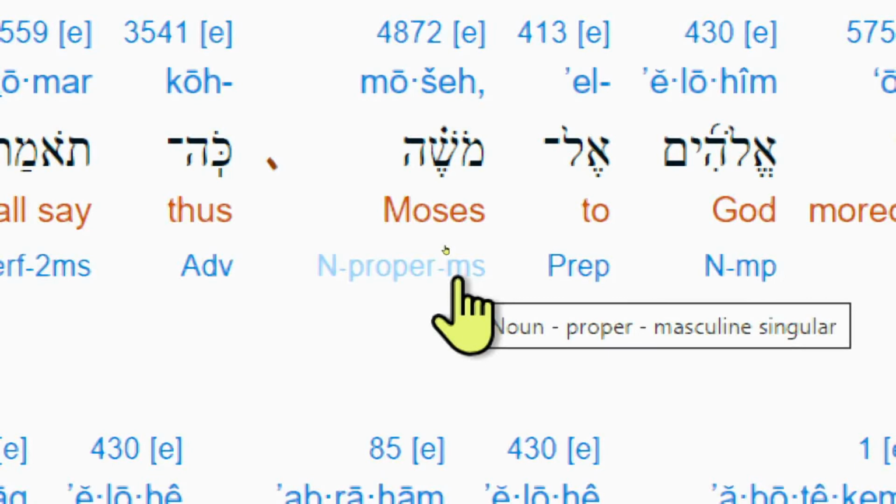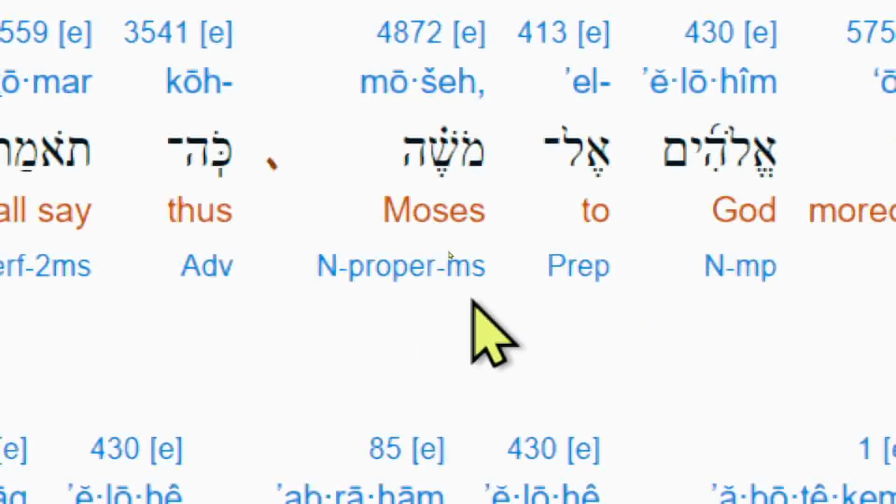And then this is a sheen because the dot is on the leading edge of the sheen. So that is a sh sound. So it's Mosh. And then the segol underneath the sheen tells us that it's an eh sound, like egg. Moshe. Moshe is the name of the one we call Moses.